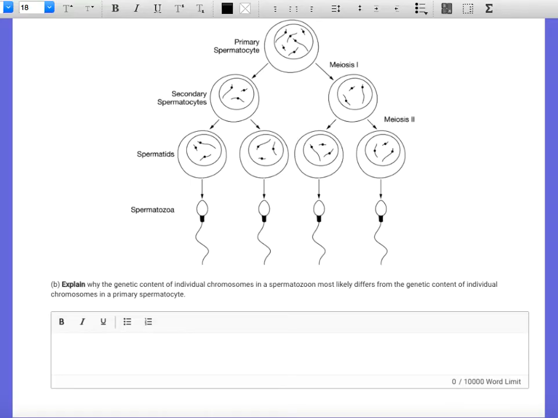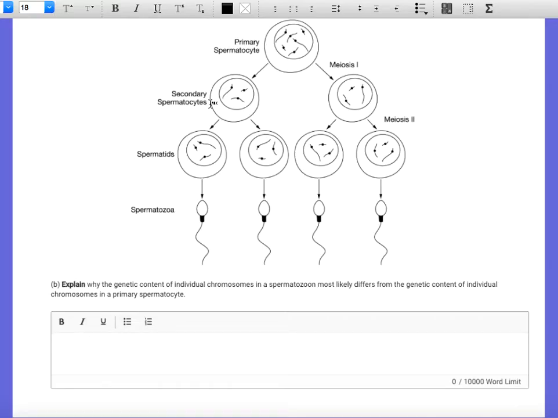Okay, so B, explain why the genetic content of individual chromosomes in a spermatozoan most likely differs from the genetic content of individual chromosomes in the primary spermatocyte. So why is this chromosome different from this? Well, something happens in meiosis 1 that I'm sure you'll remember because you've modeled it a bunch of times.